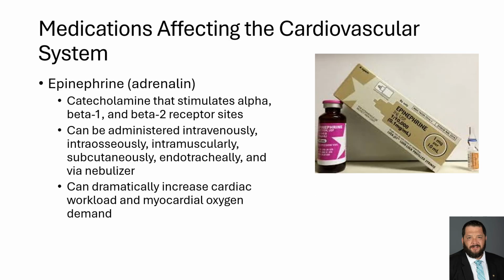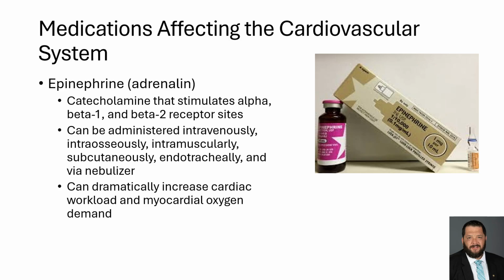A common catecholamine that you're going to deal with is epinephrine, also known as adrenaline. It stimulates alpha, beta 1, and beta 2 receptor sites. It can be administered intravenously, intraosseously. It can be administered intramuscularly and commonly is administered intramuscularly for things like anaphylactic reaction and higher concentrations, the 1 to 1,000 epinephrine.